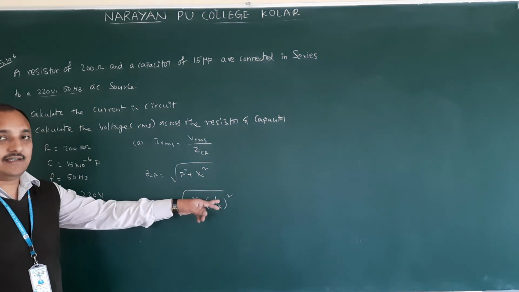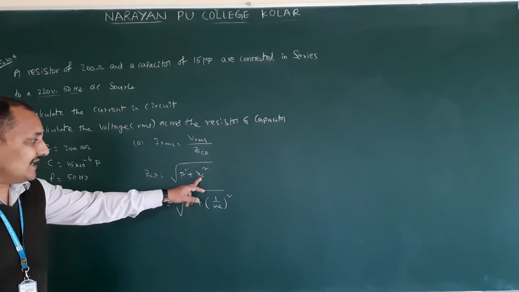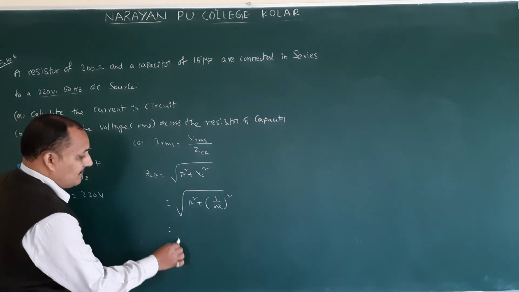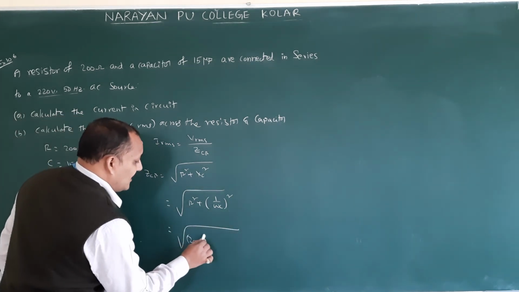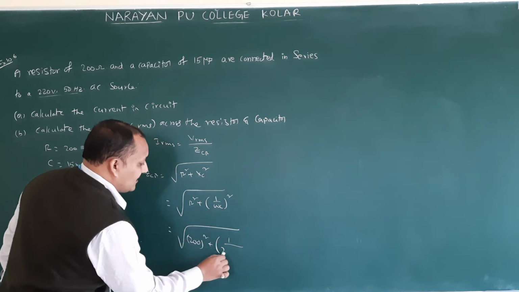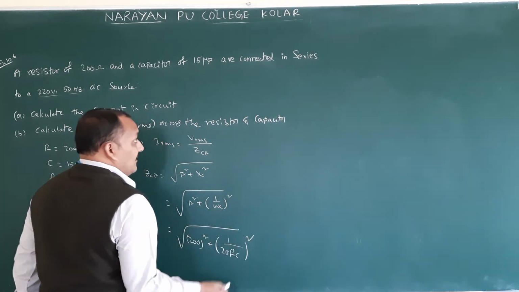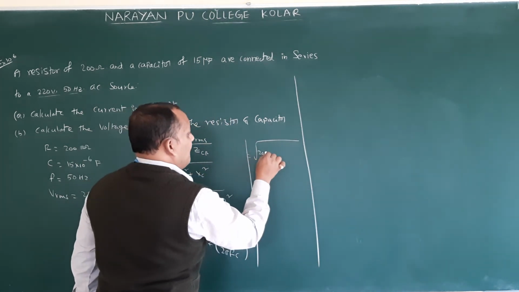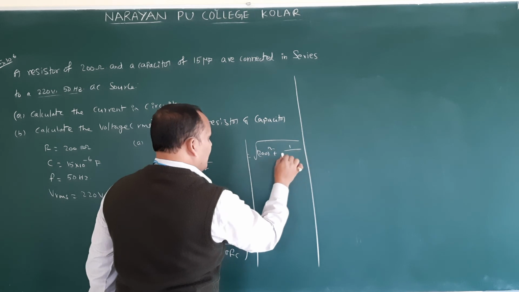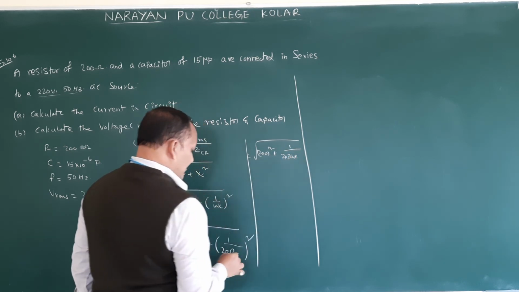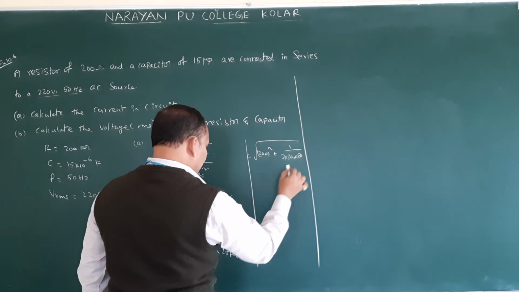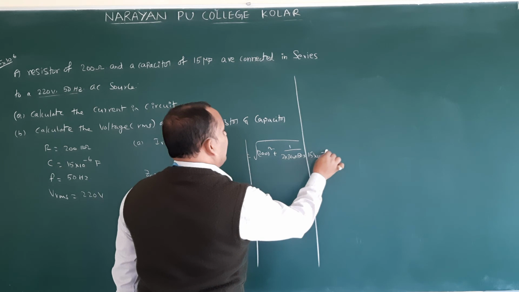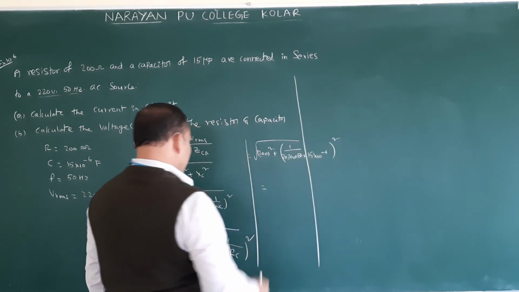X is nothing but 1 by omega C. Therefore, first you have to calculate X. R value is 200. So 200 square plus 1 by omega, meaning 2 pi f C. Root of 200 square plus 1 by 2 into 3.14 into frequency 50, capacitance 15 into 10 power minus 6, whole square.